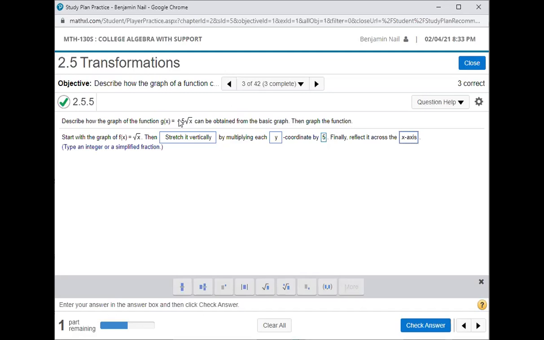And if it's negative, that's going to flip it over the x-axis. So any a multiplier will do those same things. The negative flips it over the x-axis, and a fraction will shrink it.